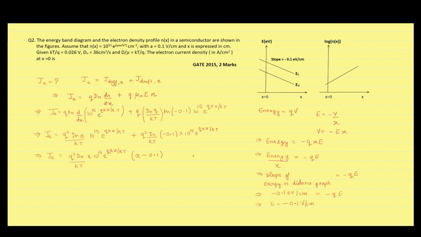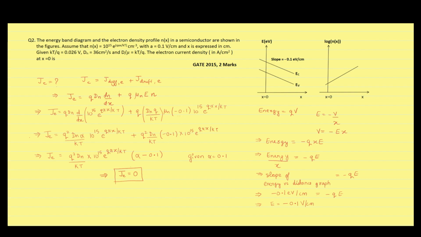The value of alpha is provided 0.1. You can see after putting the value, both the terms will cancel each other. Therefore, the net electron current density will come out to be 0.